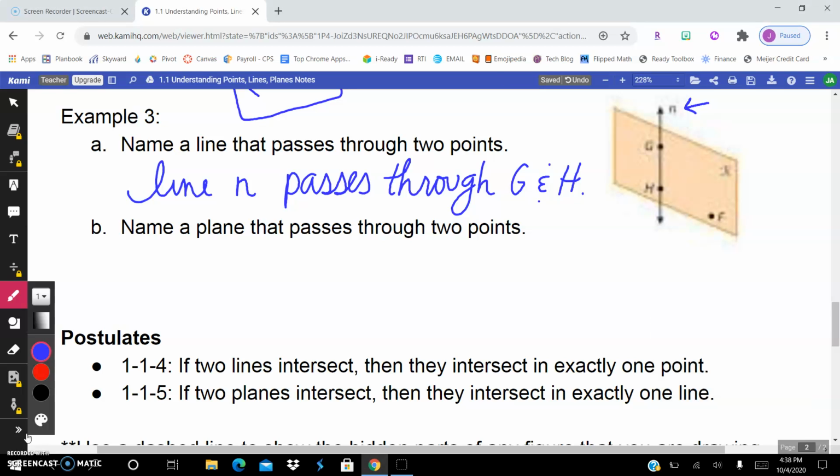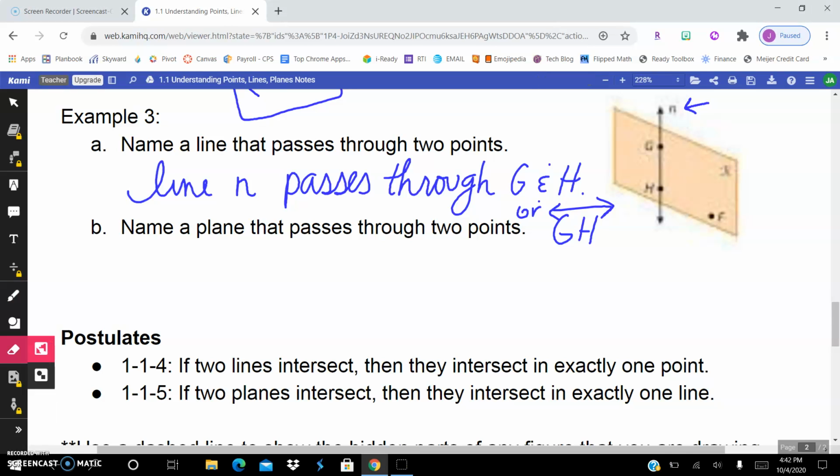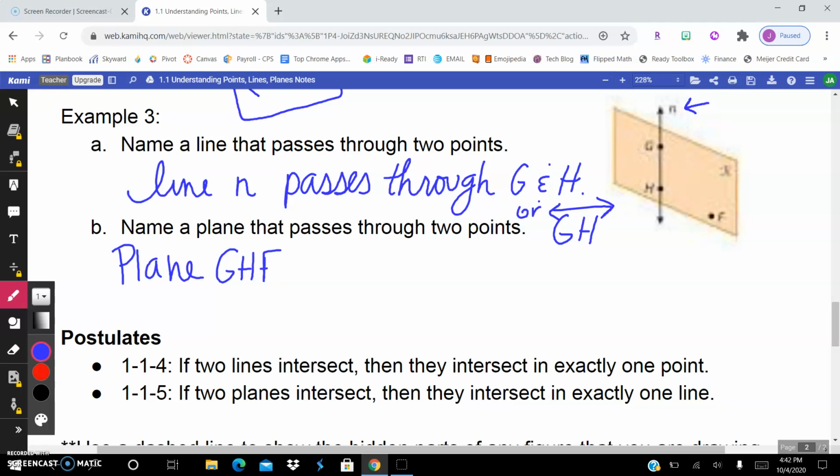The other thing that we could say is simply line GH and call it and label it correctly. And then part B says name a plane that passes through 2 points. We call this one of 2 things. We could say plane GHF because it contains those 3 points, or we could say plane R and attempt to write that fancy R.